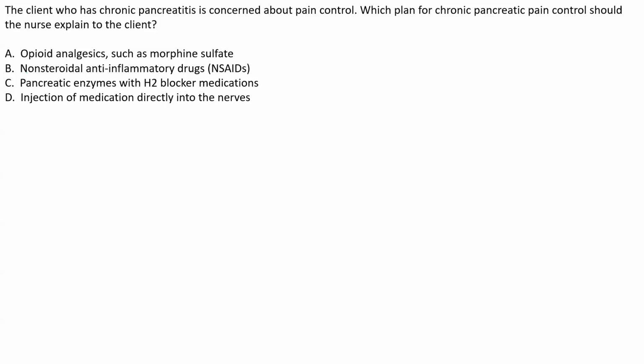So opioid analgesics may be prescribed initially for pain control, but the patient may develop dependency. So we try to avoid morphine for two reasons. First, the patient will develop physical dependency, and also morphine will cause that spasm of the pancreatic duct.